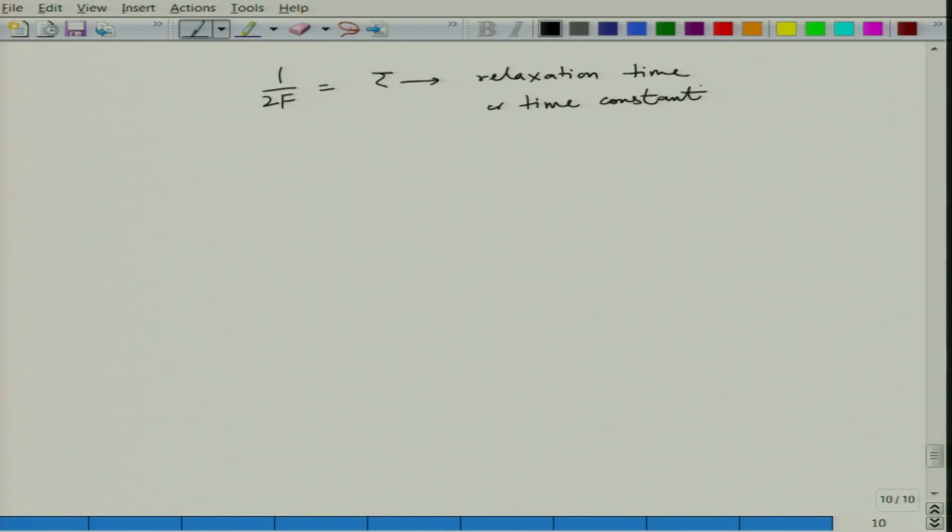So we can write 1 over tau dP/dt plus P is equal to N into mu squared E divided by kBT, and if you recall, mu squared divided by kBT is nothing but the dipolar polarizability.